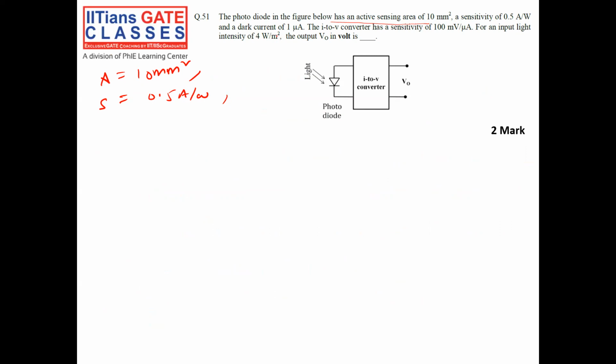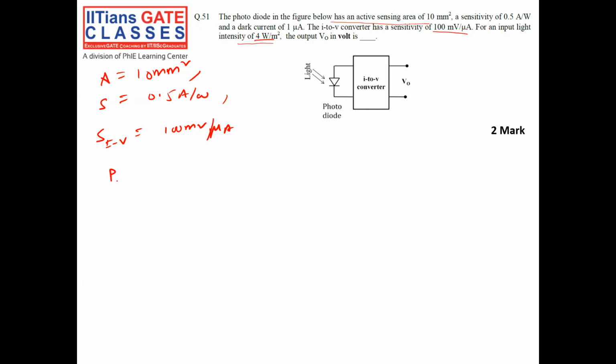Now the I to V converter has a sensitivity of 100 millivolt per microampere. Then for the input light of intensity 4 watt per meter square, what is the output voltage?